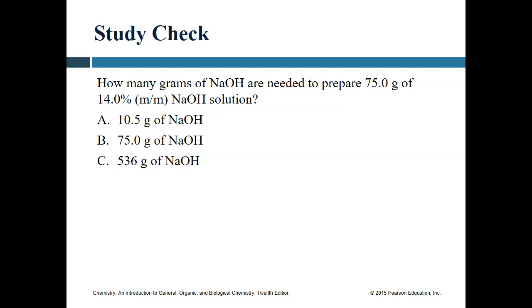So a question like this: how many grams of sodium hydroxide are necessary to prepare 75 grams of a 14% solution? On the surface, this seems like an interesting question, but you might not know exactly what to do right offhand.